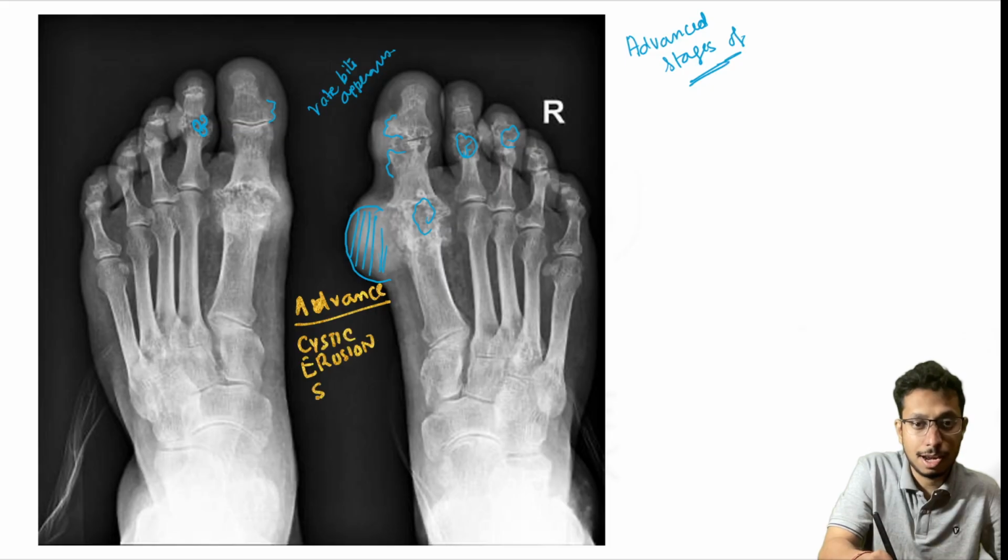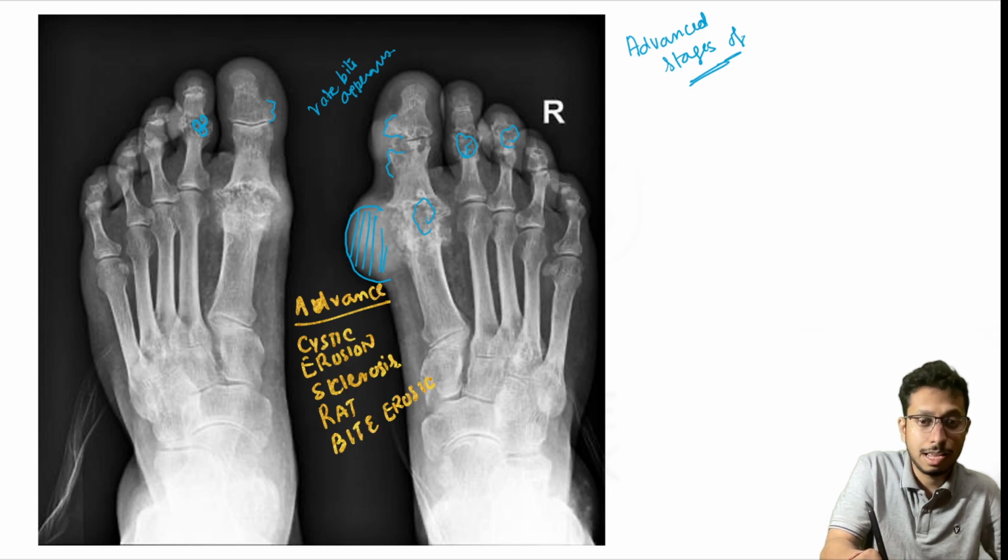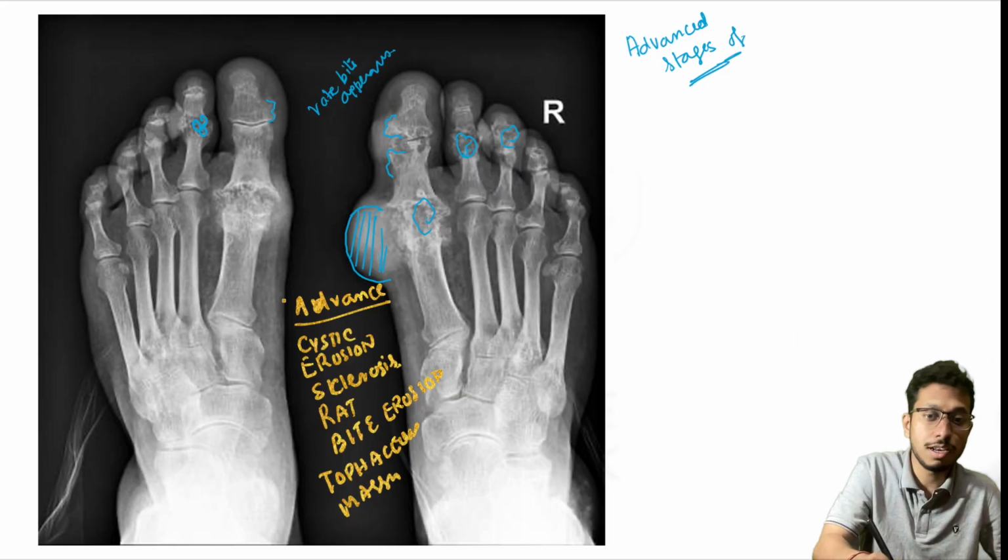There can be sclerosis, number three, and overhanging edges, which is also known as Martel's sign or rat bite erosions. There can also be tophaceous masses available. All of those are radiological findings.